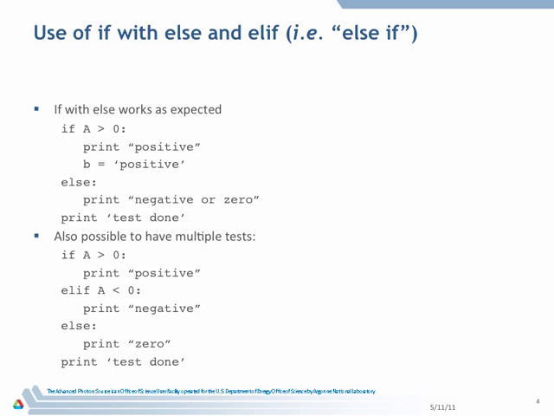You can also have multiple tests. So here, if it's positive, is it negative? And if it's not one of those, then I execute the else. If you've done any programming, you've seen something like this, but different mechanisms are used to designate the blocking of statements.